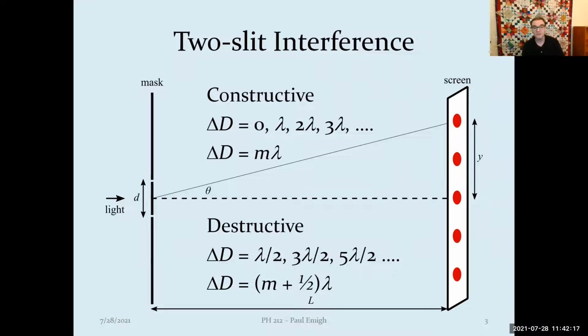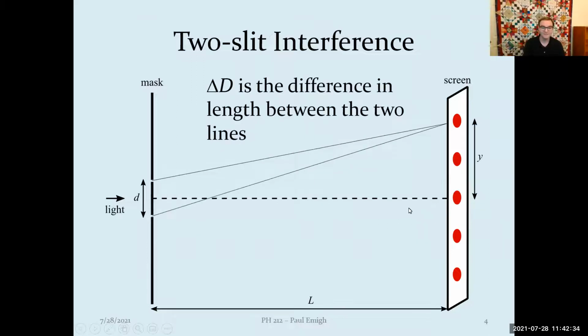But for destructive interference, which is where you get dark spots on the screen, you're going to have half integer multiples of the wavelength for your path length difference. Once we know that, everything comes down to the geometry of finding the path length difference.